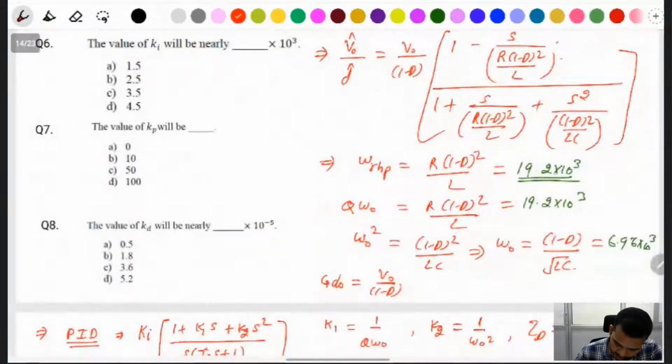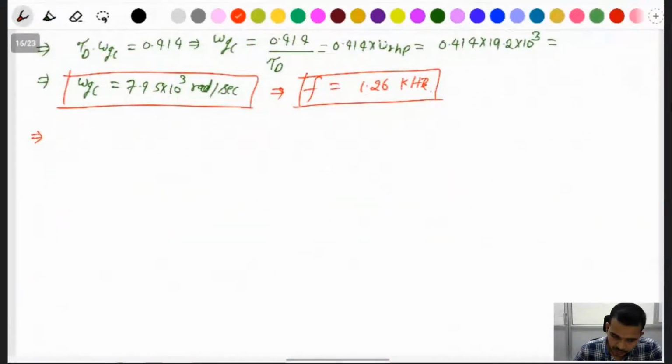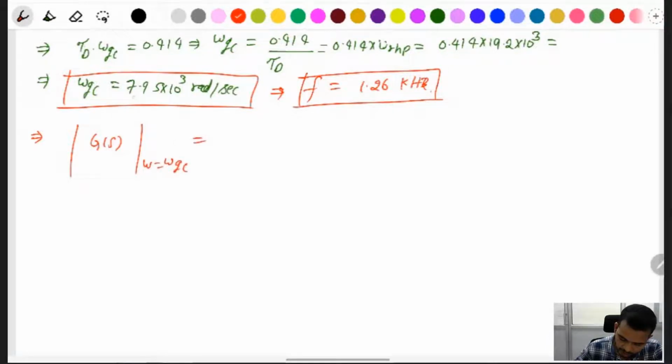Next question is given 1.26 kilohertz value, find Kp, Ki and Kd. And first one, find Ki. We find gain of this system at omega is equal to omega gc. I find omega gc like 7.95 into 10 to the power 3 radian per second, and at omega gc the gain is equal to 1, and gain is given by Fm into H into Gdu.